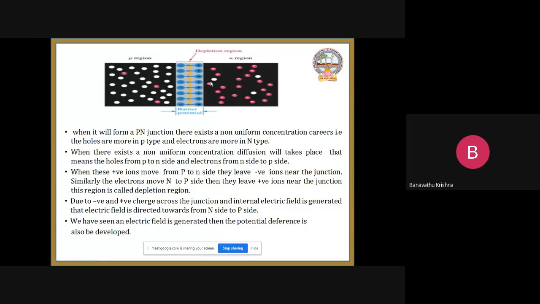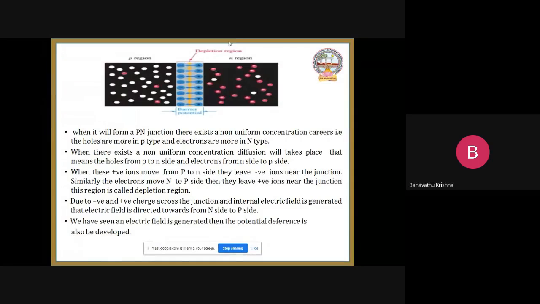Okay. Let us observe two points here: diffusion current and drift current. The diffusion current is generated due to charged particles moving from higher carrier concentration to lower carrier concentration. Due to that, the current generated is nothing but diffusion current.